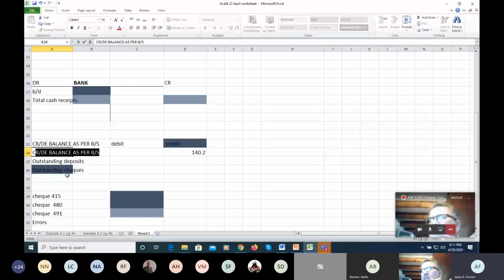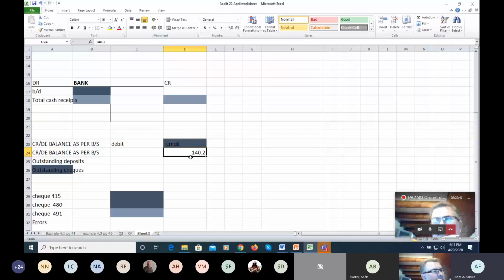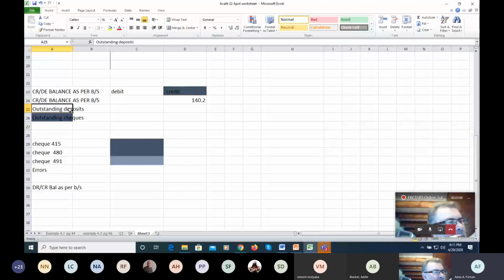The next line, they say a comparison of the bank account with the cash journals revealed the following. A deposit of 75.60 was not credited in the bank statement. So that is an outstanding deposit. And we know that outstanding deposit is in my bank recon, and we're going to credit it. So it is 75.60.